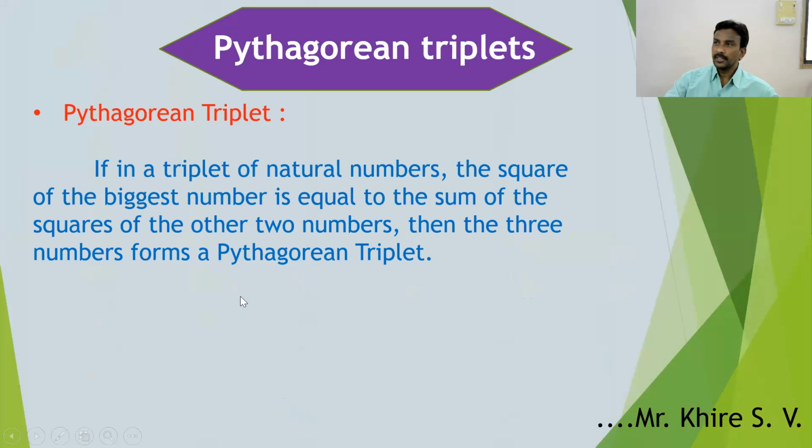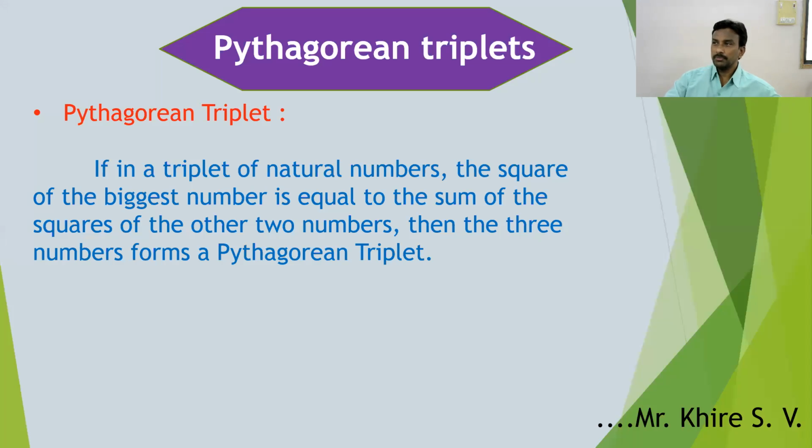Let us see. If in a triplet of natural numbers, the square of the biggest number is equal to the sum of the squares of the other two numbers, then the three numbers form a Pythagorean triplet. In a triplet means the lengths of the three sides of a right angle triangle, or a triangle, are given, which are natural numbers.